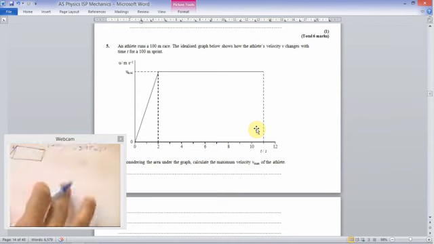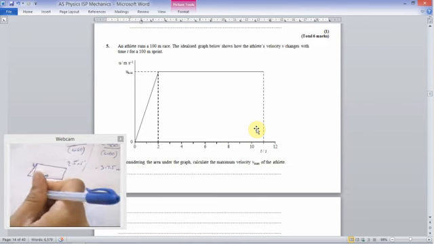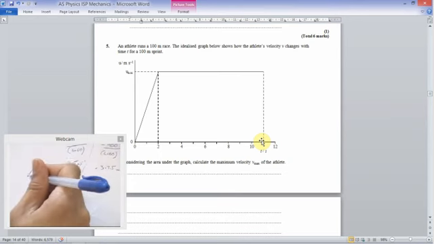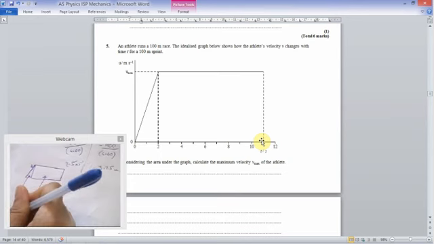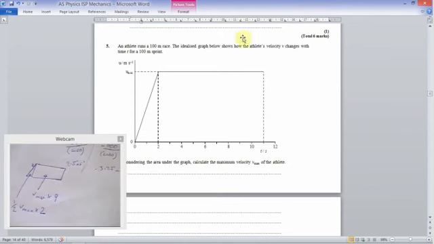Well, the area of this big block is going to be Vmax times by, well, it's 2 till 11, so that's 9. Okay, this one over here, well, that's going to be half Vmax times by 2. Okay, so that's the area of this. So if we added these two areas together, that should equal 100 meters.